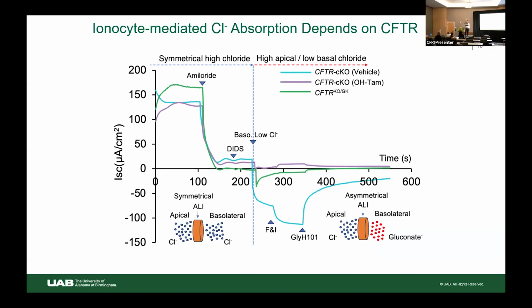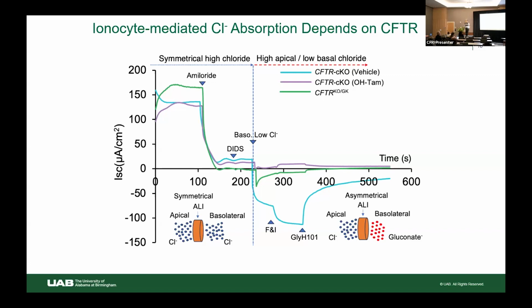This is a very similar study as we did on the FOXI1 knockout chloride absorption studies. So we have three groups here. One is the control and conditional knockout, which is made by tamoxifen treatment, and we use cystic fibrosis ferret as a CF control here. We put those transwells first into symmetric high chloride, and move into a high apical and low basolateral chloride.